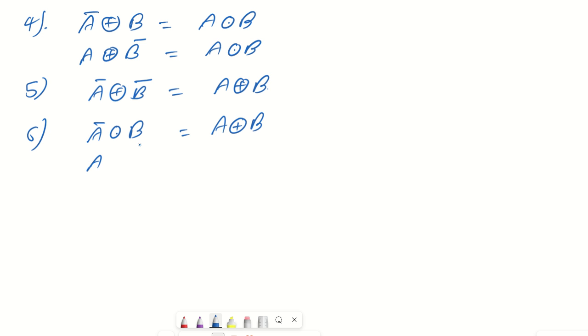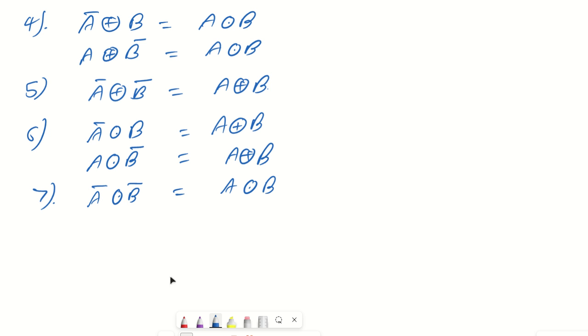Similarly, A XNOR B bar is going to give me A XOR B, okay. And A bar XNOR B bar is going to give me A XNOR B. So this is the opposite of the XOR gate. You can take this as the 7th property, okay.